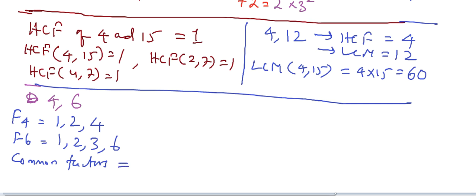So common factors are, see, 2 is there in both, correct. So 2 is a common factor. Any other common factor? 1, because 1 will be a common factor of any two numbers, so ignore 1.